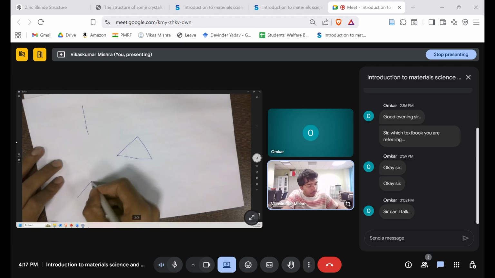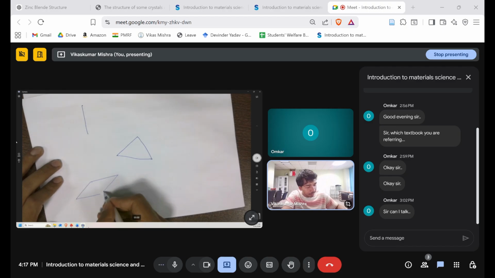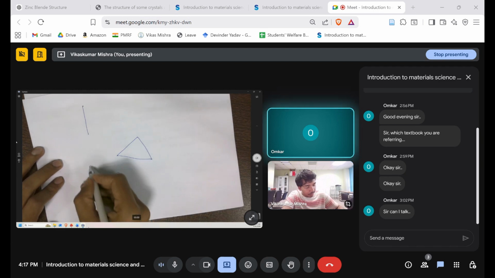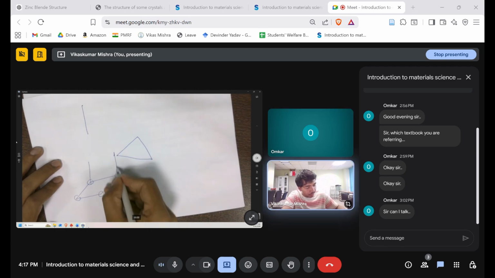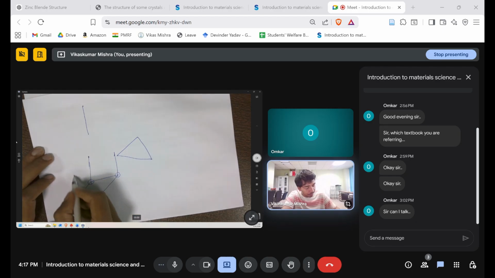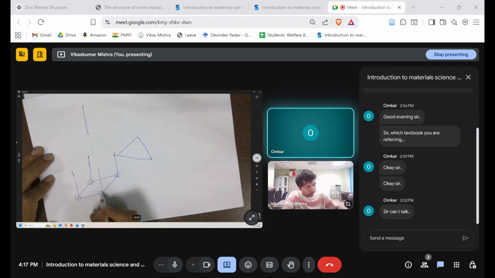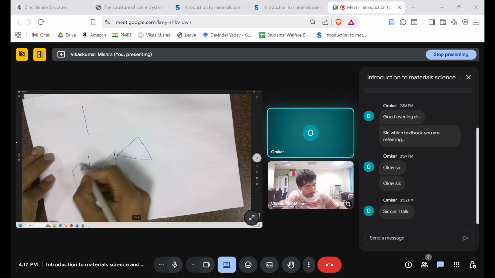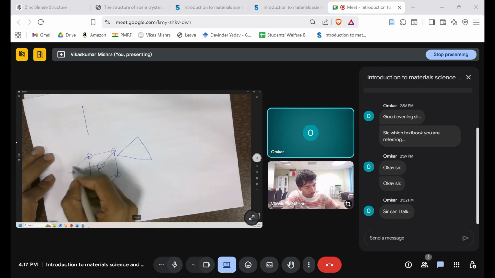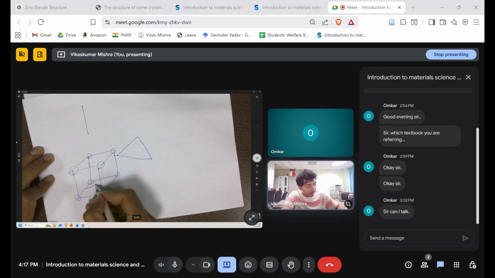See what we have drawn in the class, something like this, and then just above this we again draw. The angle between them is nothing but 120 degrees. We know this and we know this.